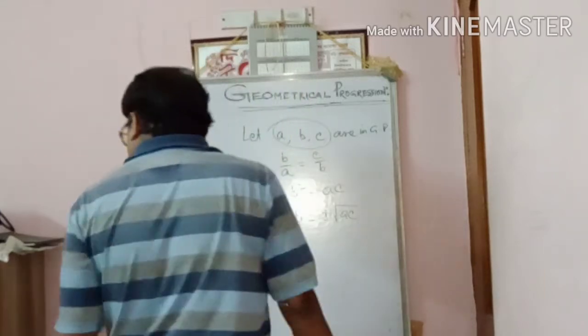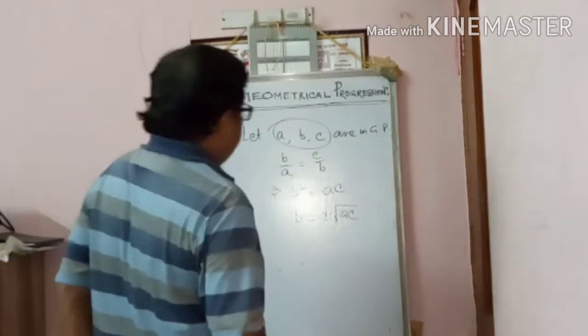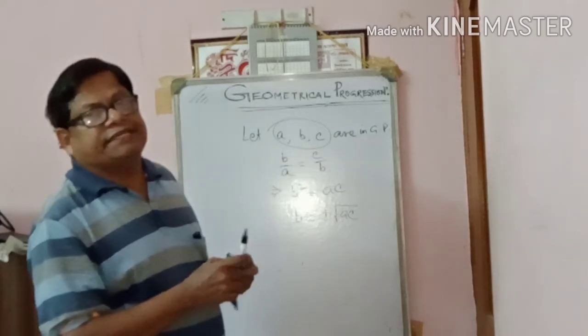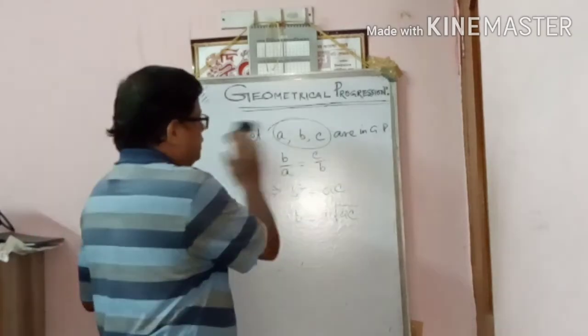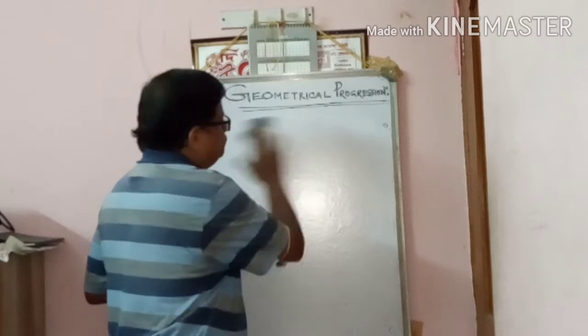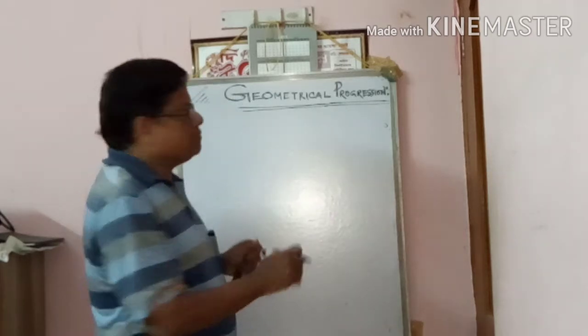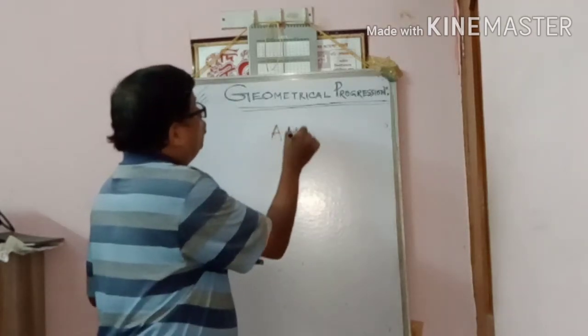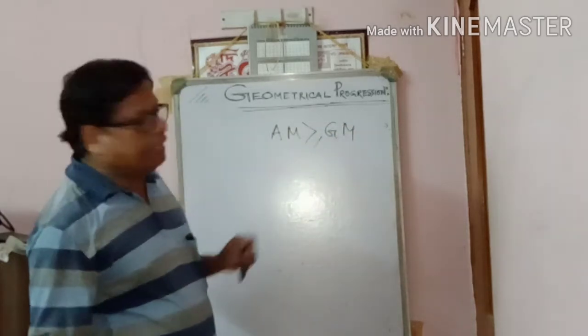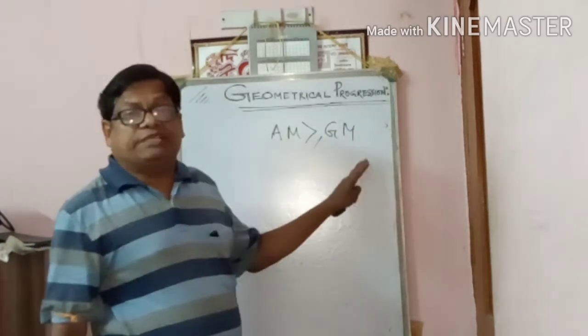Keep in mind, okay? Suppose A and B are two different numbers, okay? So we can write here A plus B, AM always greater than or equal to GM.